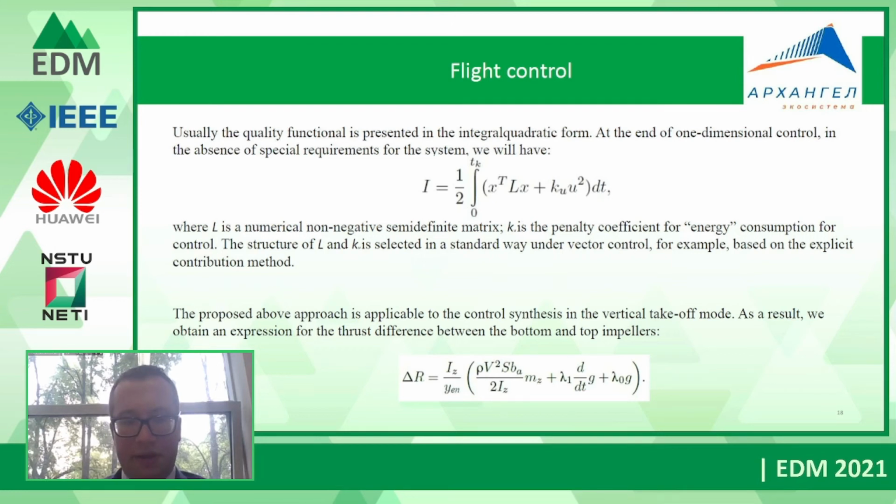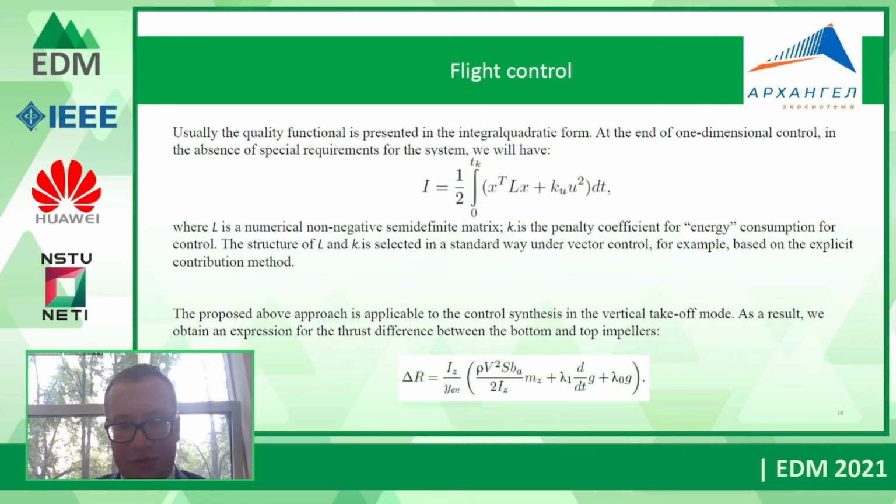For the one-dimensional control, we could write this formula like this, and as a result we obtain the formula at the end of this slide, the synthesis in the vertical takeoff mode.